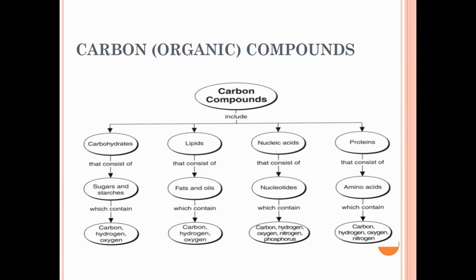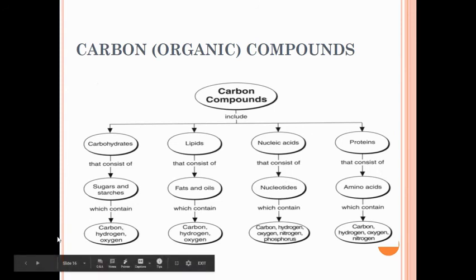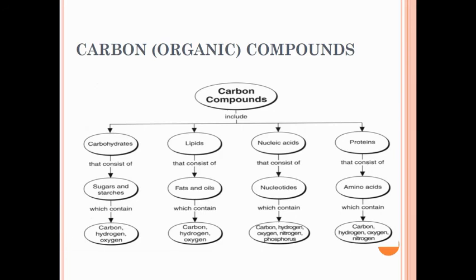So carbohydrates, sugars and starches; lipids, fats and oils; nucleic acids are made of nucleotides; proteins are made of amino acids. And then finally, the last row is showing the different elements that actually make up each of these compounds.